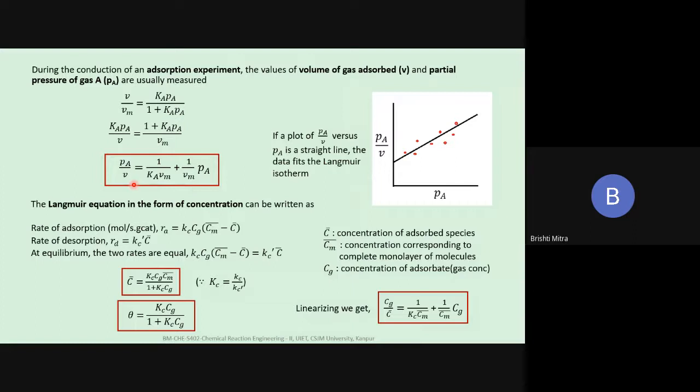That is why I showed you that this is nothing different. It just depends on how you want to express it. And if it is given in terms of concentration, then this is the linear equation that we are going to use during our calculations, in order to find out what is the concentration at complete monolayer and what is the adsorption constant in terms of concentration.